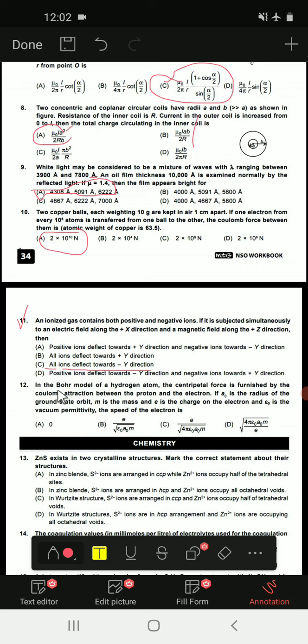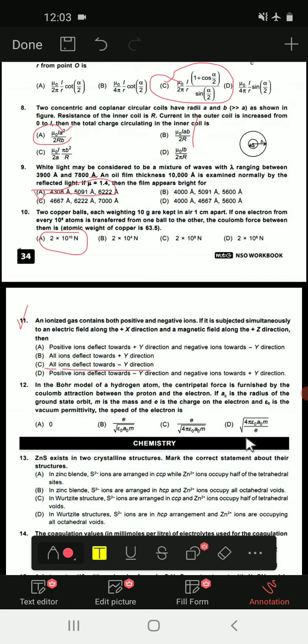In the Bohr model of a hydrogen atom, the centripetal force is furnished by the Coulomb attraction between the proton and the electron. If a0 is the radius of the ground state orbit, m is the mass and e is the charge of the electron, and epsilon 0 is the vacuum permittivity, the speed of the electron is.